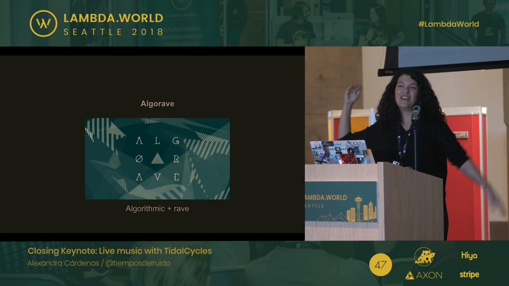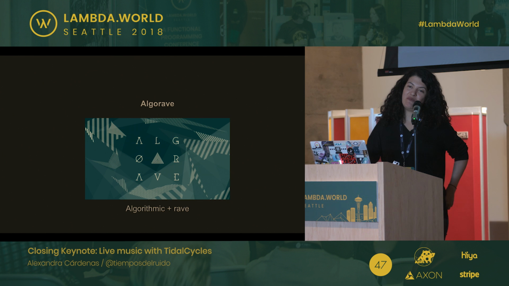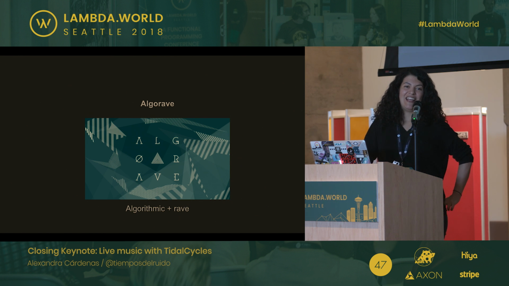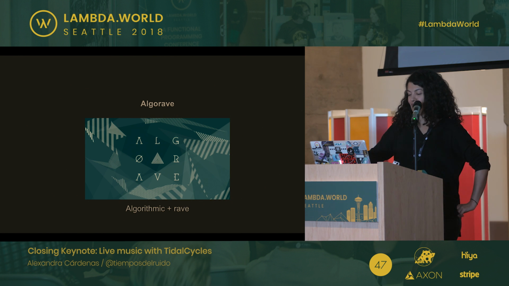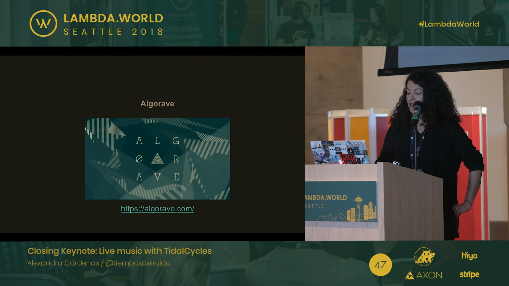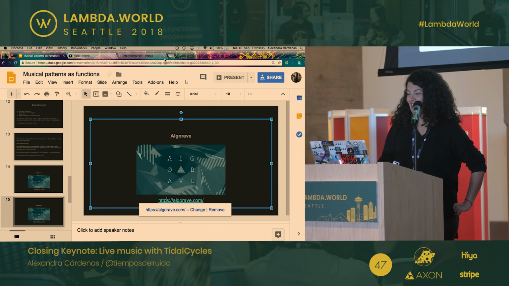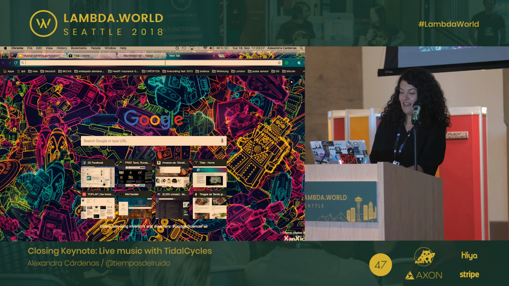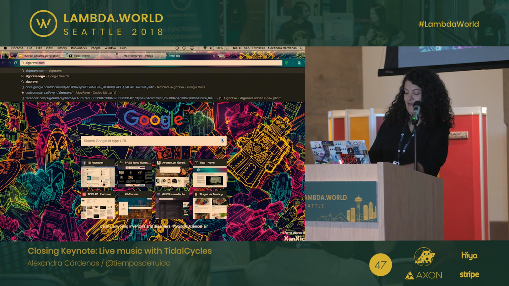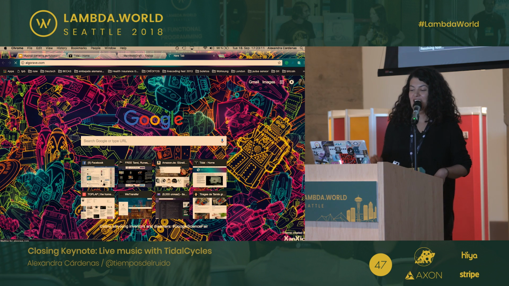Now we have almost 1,000 people worldwide doing this. It's a very active movement, growing and growing. If you want to see what these people do, Algorave.com is a good place.